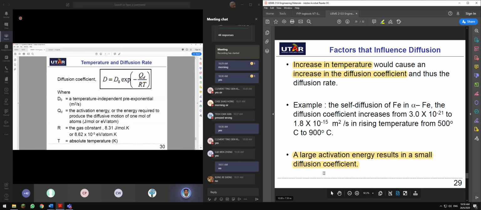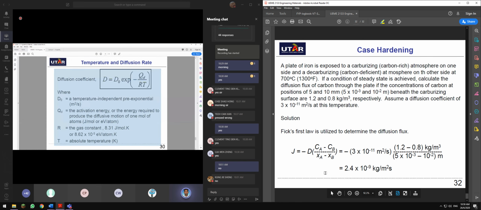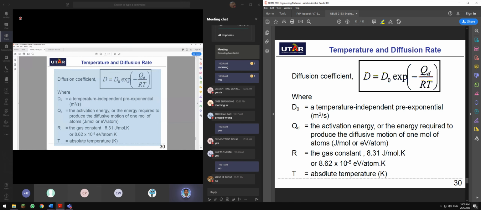So we go to the next formula. We have the diffusion coefficient D. D is equal to D naught, where D naught is a temperature-independent pre-exponential diffusion coefficient, times exponential of minus QD over RT, where QD is the activation energy, or energy required to produce the diffusive motion of 1 mole of atoms.